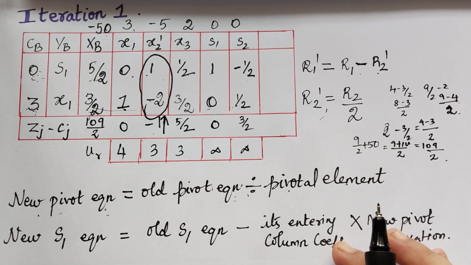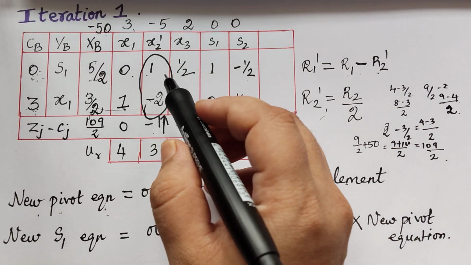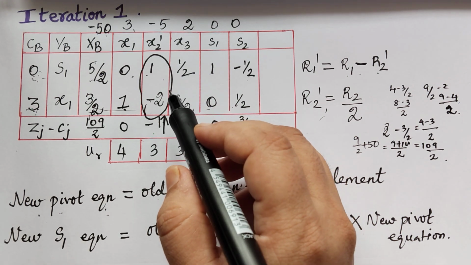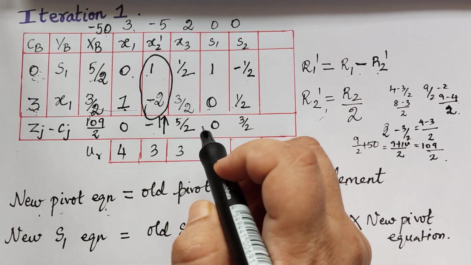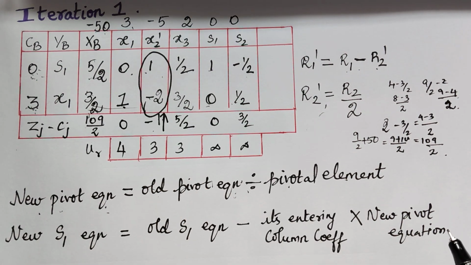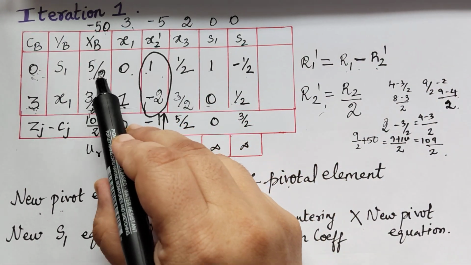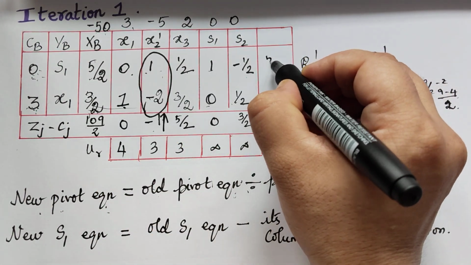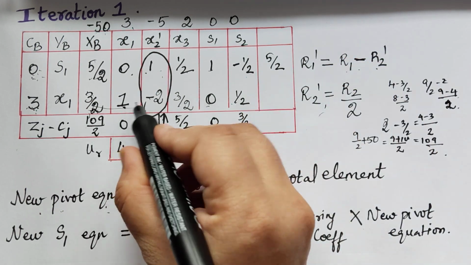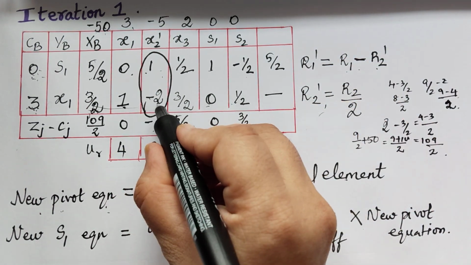Now for the leaving vector, before that we have to find theta. Again, theta will be the minimum of theta 1, theta 2, theta 3. It is the same method. So first we shall find theta 1. Theta 1 is what? The ratio. So it will be 5 by 2 divided by 1, which is 5 by 2 only. Whereas this we can't do because you have a negative sign over here.